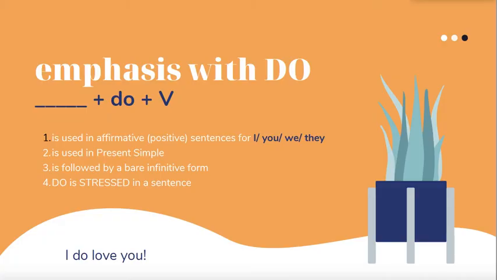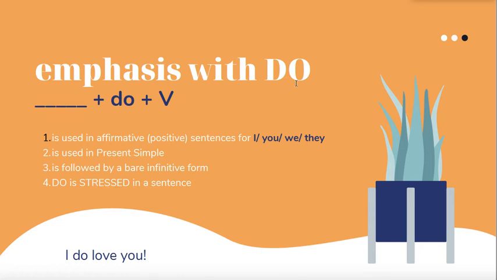So, emphasis with do. Here we see the pattern, the subject plus do plus a verb, and this is called a bare infinitive. Bare means that it does not have to. Usually we say to go. A bare infinitive is without to, just go.